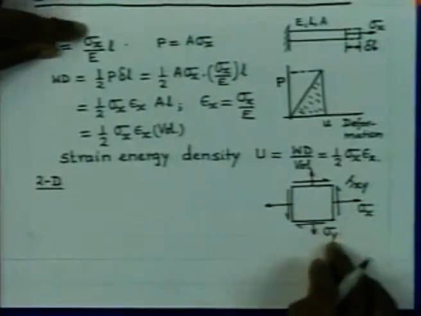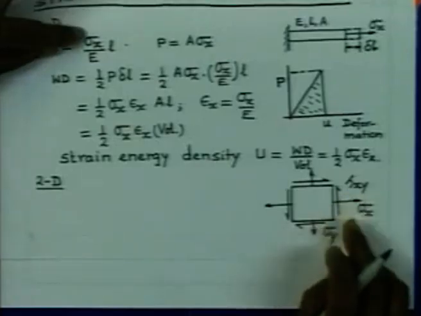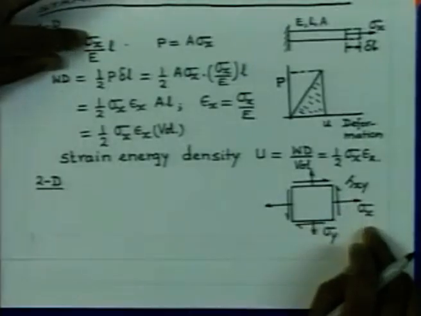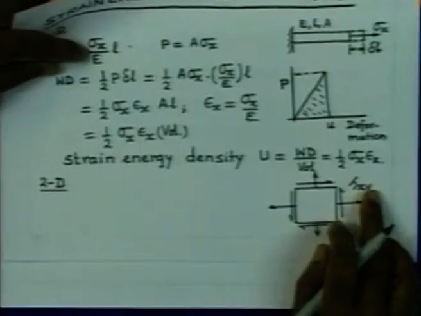The two normal stresses are going to produce normal strains, and the shear stress is going to produce shear strains. Note that the shear stress is not going to produce any normal strain. Therefore, the work done by the normal stresses and the shear stresses can be calculated separately.